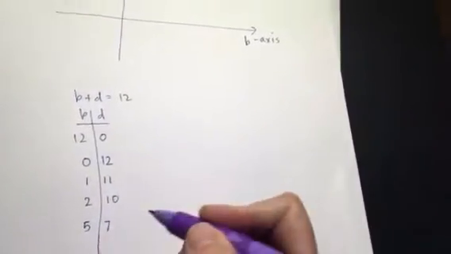If B is 2, 10 dogs. And you can pick a few more, like maybe 5. If B is 5, there are 7 dogs. A lot like the guess and check here. And if B is 6, then there's 6 dogs.